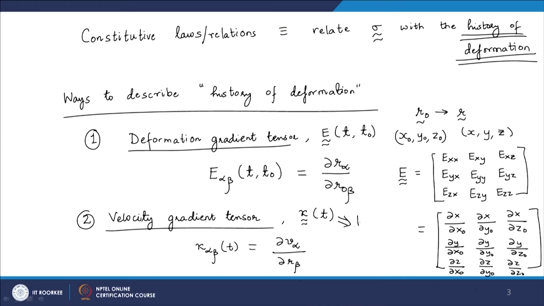So, it turns out that the kappa tensor becomes useful for liquids, and E becomes useful for solids, especially elastic solids. And as we have discussed, polymeric systems can be in between a liquid and a solid. So, this may in turn depend on both E and kappa.